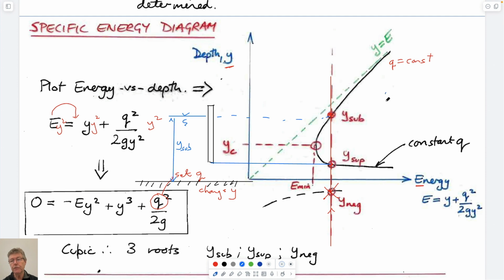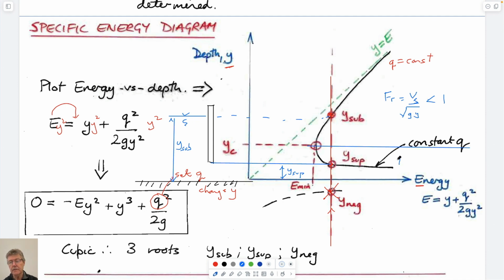Subcritical flow, the Froude number, which is equal to the velocity of flow, what do we call it, Vs, streamline velocity, divided by square root gy, is less than 1. And that's this depth here. And this is our supercritical depth, y sup, which is this one. And it turns out the dividing line between these is this nose of the curve.